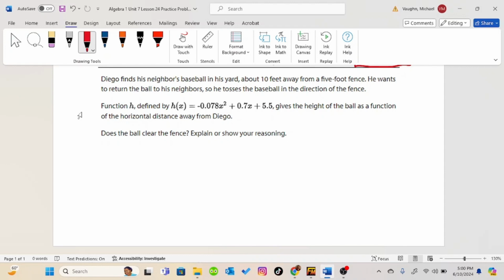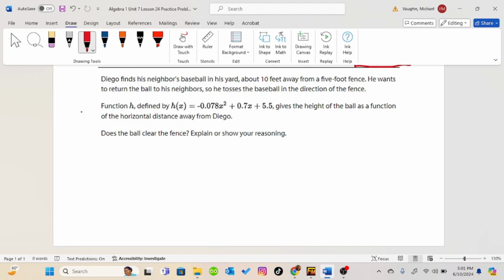Function h, defined by h of x equals negative 0.078x squared plus 0.7x plus 5.5 gives the height of the ball as a function of the horizontal distance away from Diego. Does the ball clear the fence? Explain or show your reasoning.